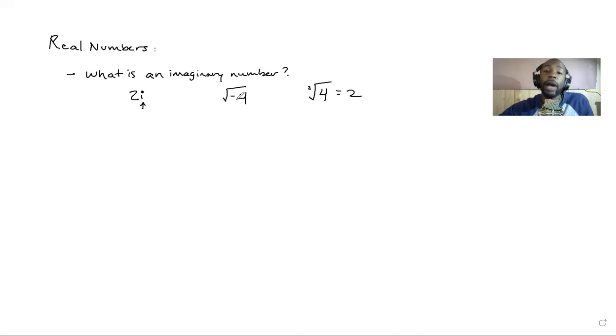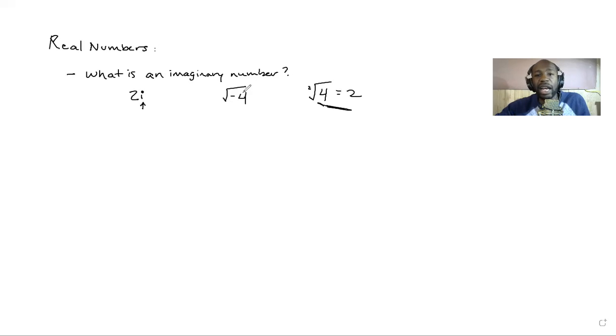Now, what about the square root of -4? So technically, you can't really do that, so to speak. What I mean is, if you were to take the square root of a negative number, what you're asking is, what number times itself can I multiply to give me -4? So I can multiply 2 times 2 and get +4, as we saw right here.